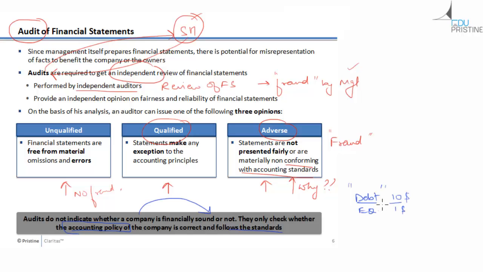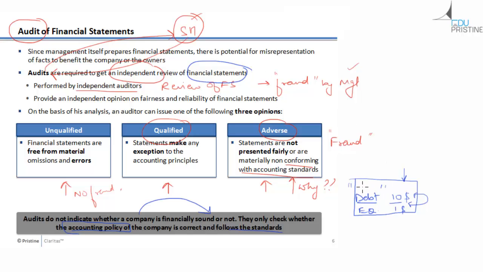But the point is, the auditor is not concerned with this soundness. The auditor is not there to check whether the company is being run in a proper manner. The auditor is only and only there to review the financial statements, not the operations.